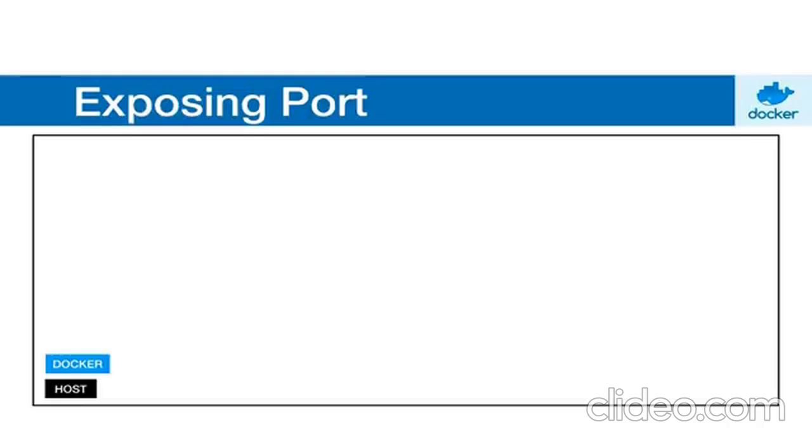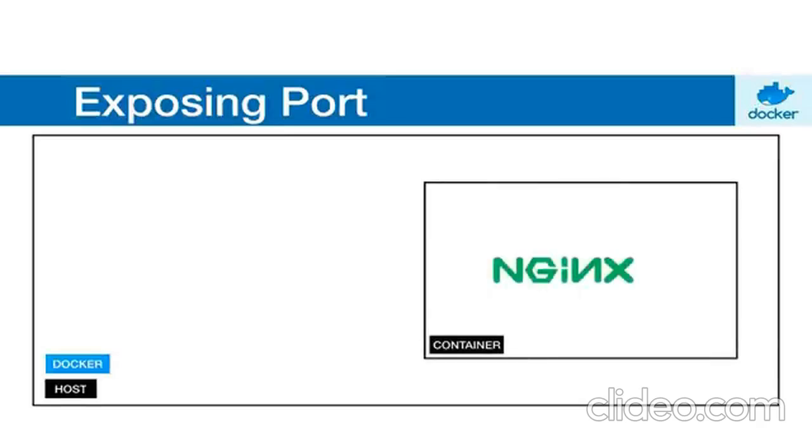So far we have our host, which has docker running. So we are running docker on our computer. And right now we have one single container, which is running nginx. This container is exposing a TCP port, and the port is 80.